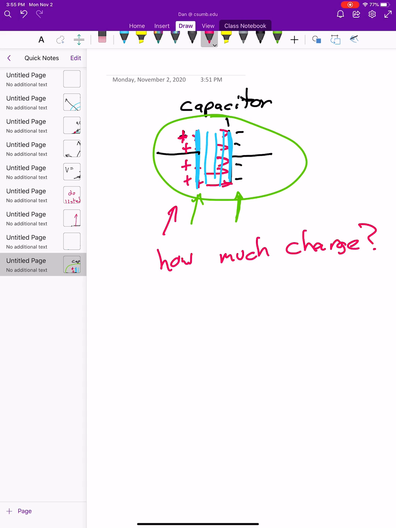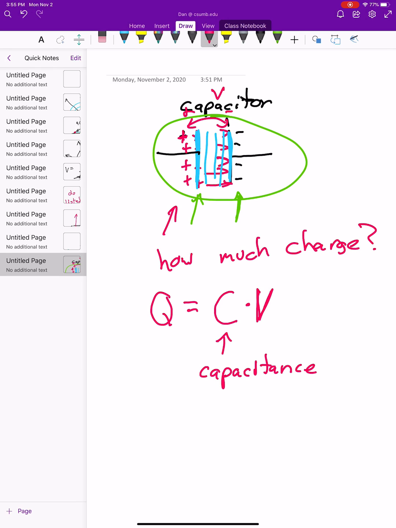It's the very useful equation regarding capacitance. And it basically says that the amount of charge on the capacitor is equal to the size of the capacitor, which we'll talk about. That's something called the capacitance. And those are the values you're seeing in lab. But you multiply that capacitance by the voltage, or the potential difference across the two plates of the capacitor. That's this, plus minus V across the capacitor.